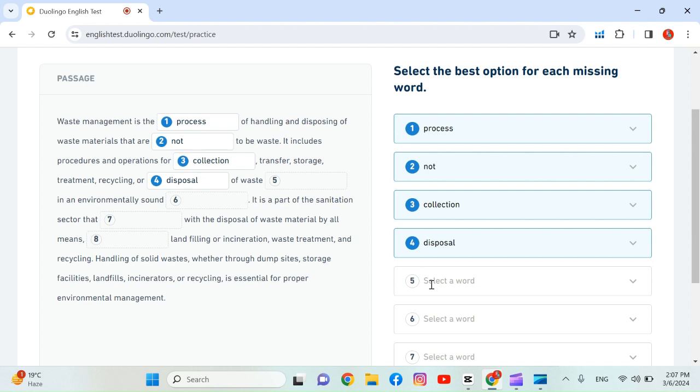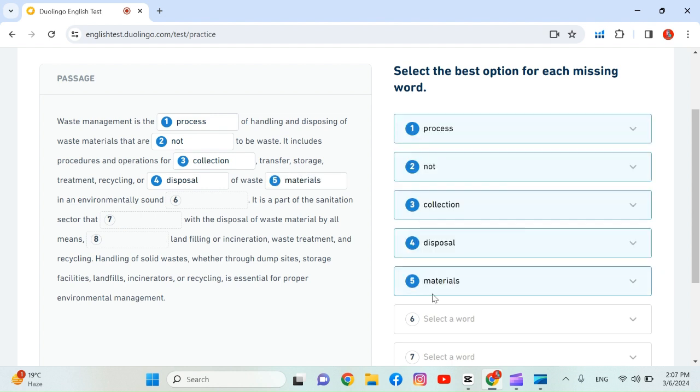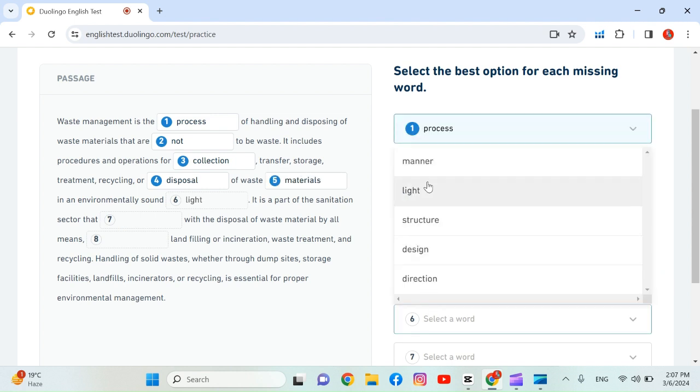Waste materials in an environmentally sound manner.